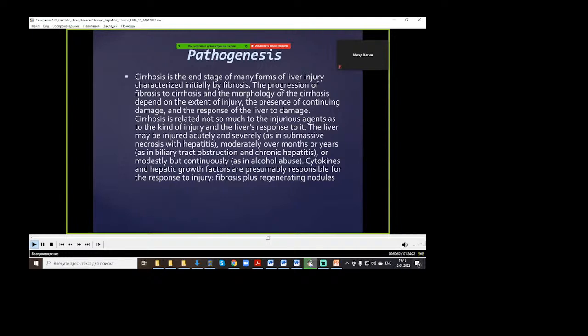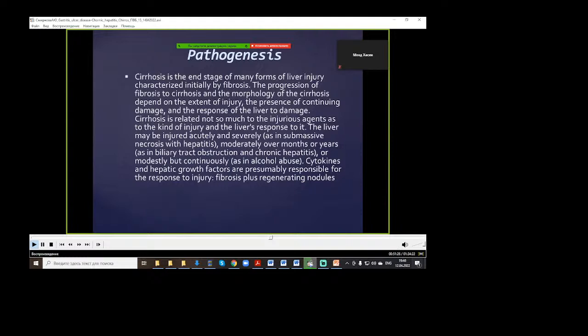Cirrhosis is related not so much to the injurious agents as to the kind of injury and the liver's response to it. The liver may be injured acutely and severely, as in submassive necrosis with hepatitis, moderately over months or years, as in biliary tract obstruction or chronic hepatitis, or modestly but continuously, as in alcohol abuse.